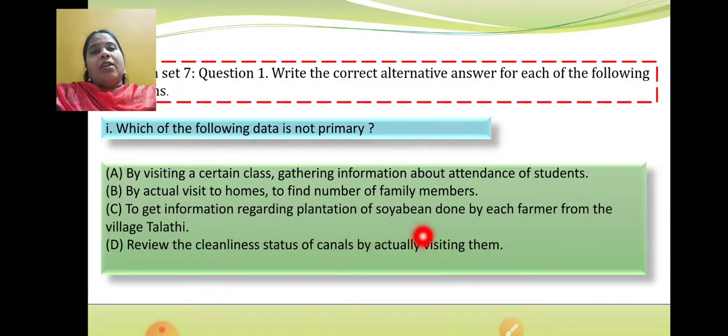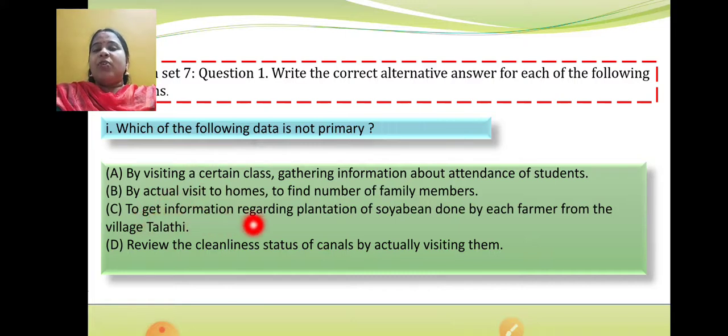Okay. Now these four options that are given to you, from this we want to choose the correct option. The question is it should not be a primary data. Okay, primary data means actually by visiting. See the first one, by visiting, so it's a primary data. The second option is also like that, by actual visit to homes, so this is also primary data.